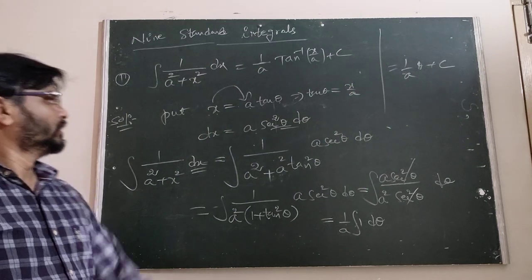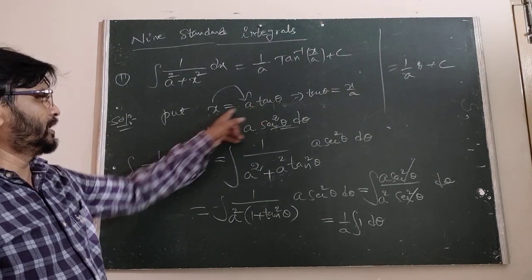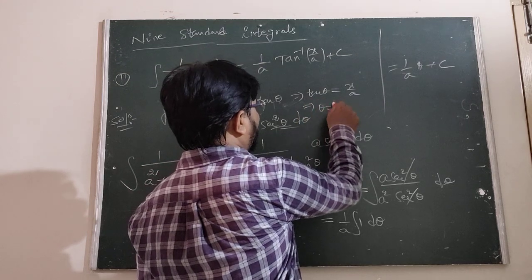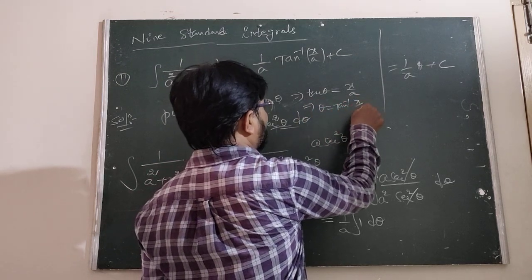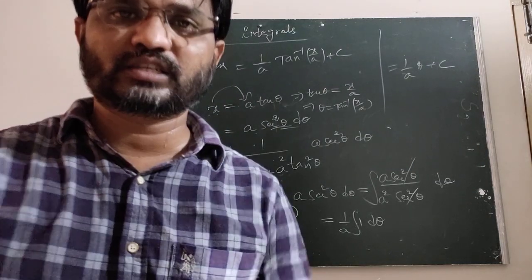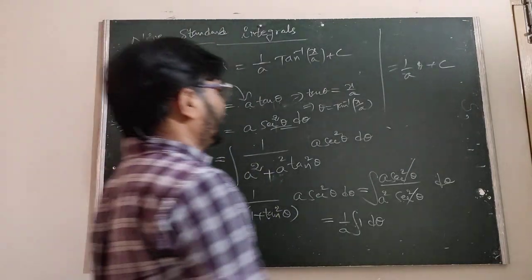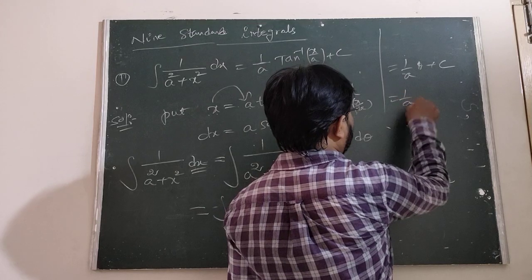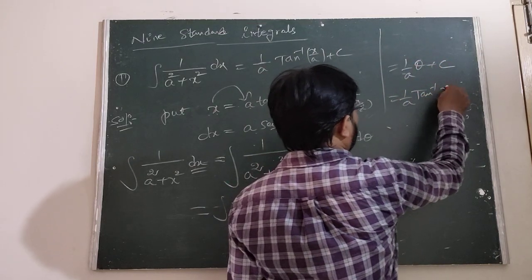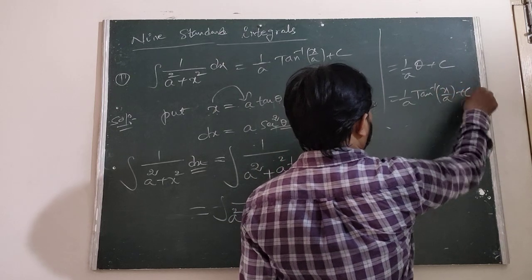Now we can write theta equal to tan inverse of x by a. Therefore, now we can write 1 by a, where theta is tan inverse of x by a, plus c.